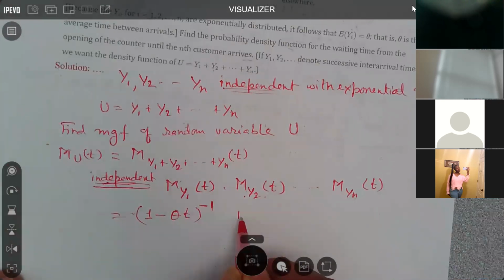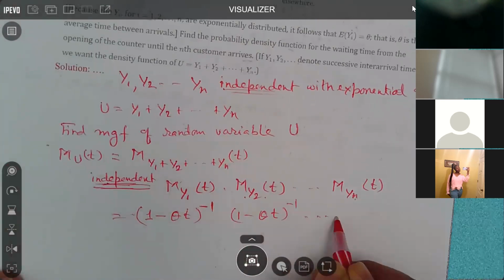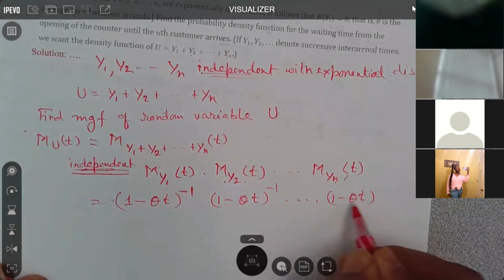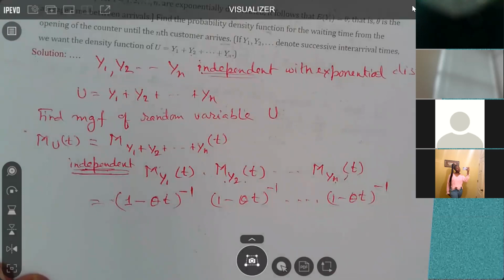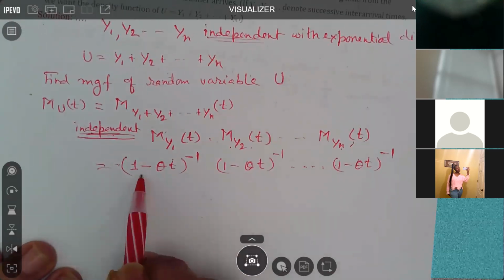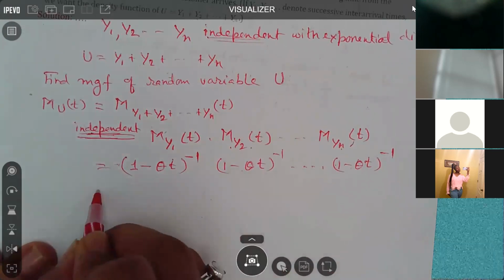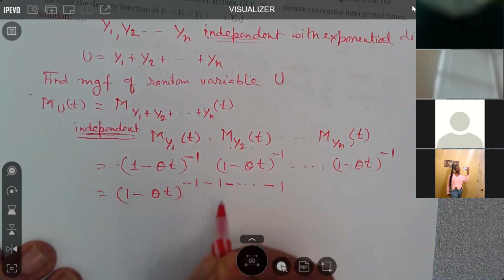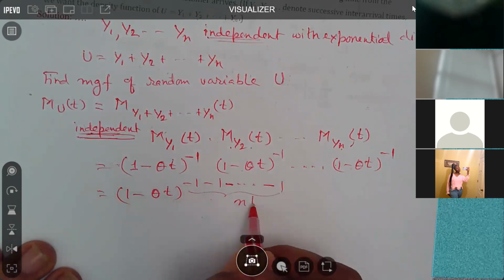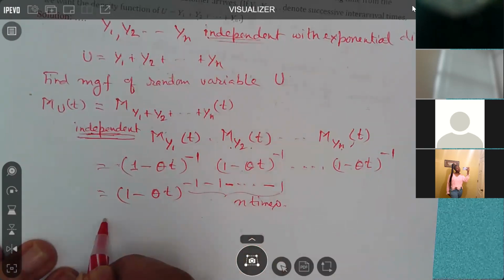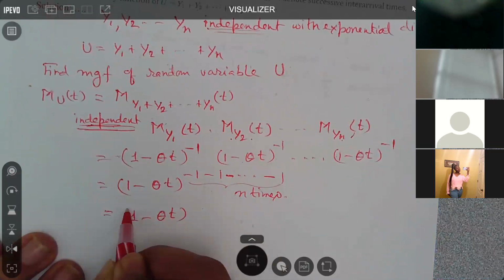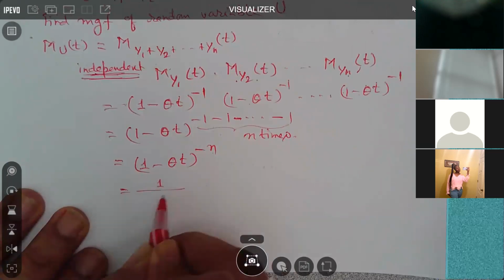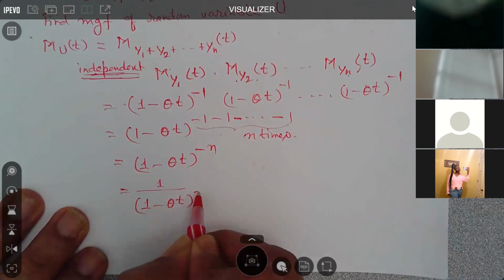So you can write (1 minus theta t) to the power of minus n, which equals 1 divided by (1 minus theta t)^n.